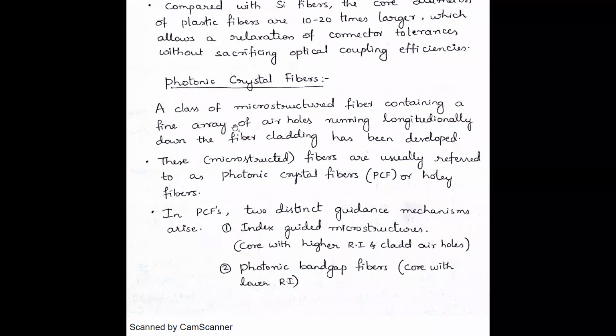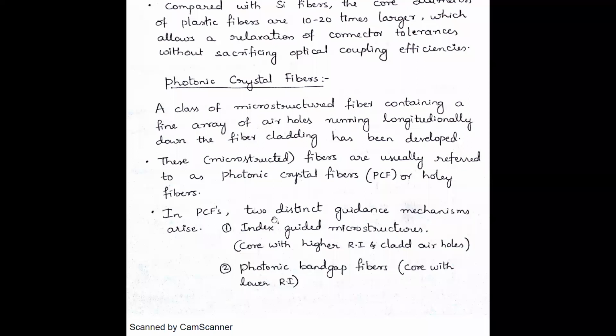Say for example, an array of air holes can be placed inside an optical fiber, or you can have a different refractive index inside the core. So those are the compositions or configurations that you can have inside the specialty fiber, which we call photonic crystal fibers, or PCF in short form.